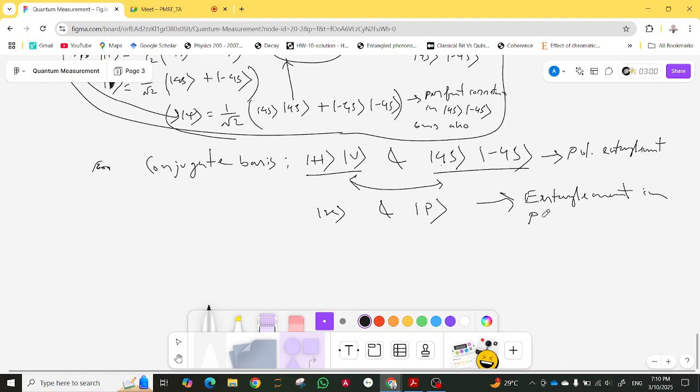Another example of conjugate bases is time and energy, right? So you can have a time basis and an energy basis also, where E is energy here. And then you have entanglement in time energy.